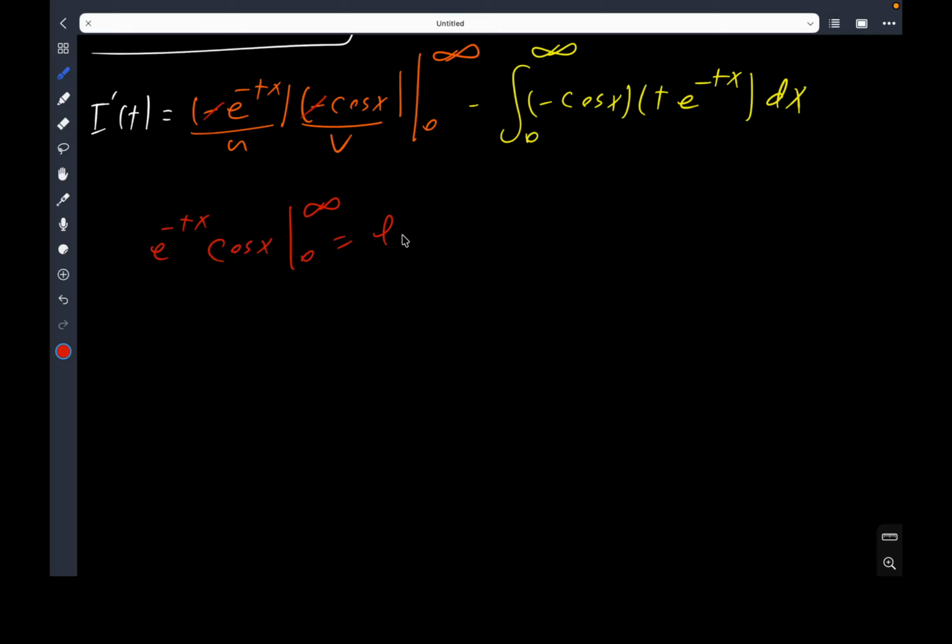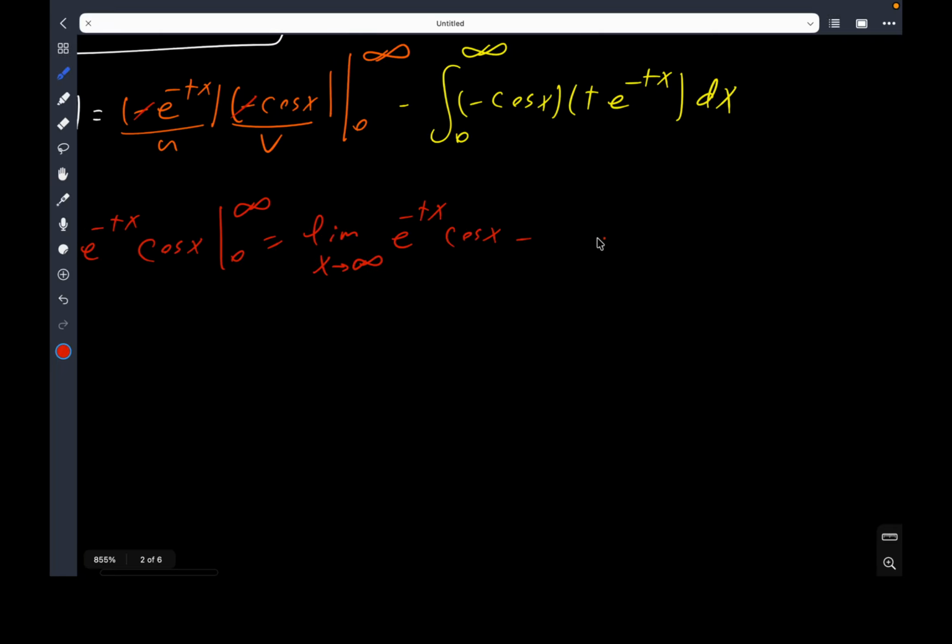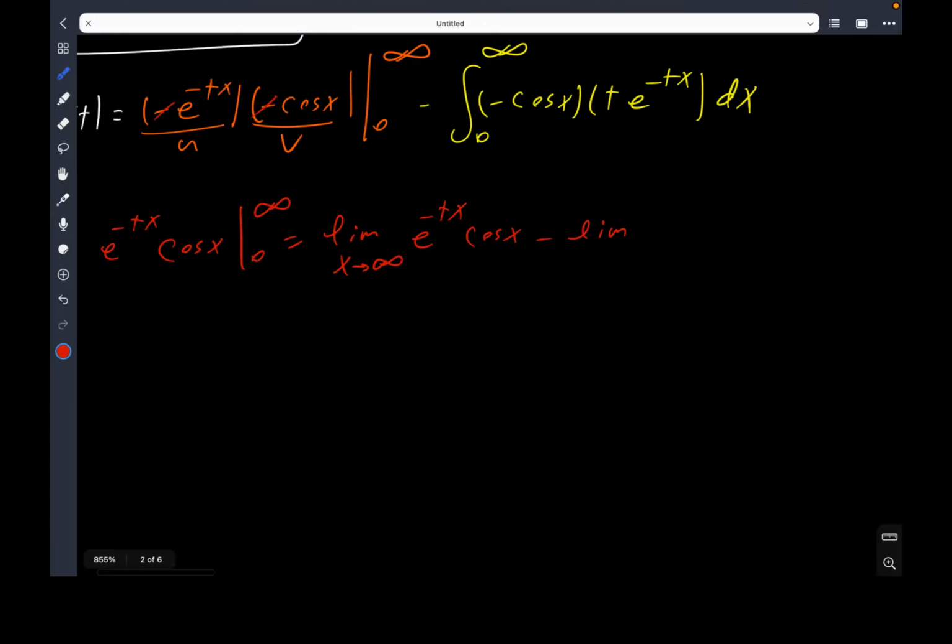I take the limit as x approaches infinity of e to the negative tx cosine x, minus e to the 0 cosine 0.